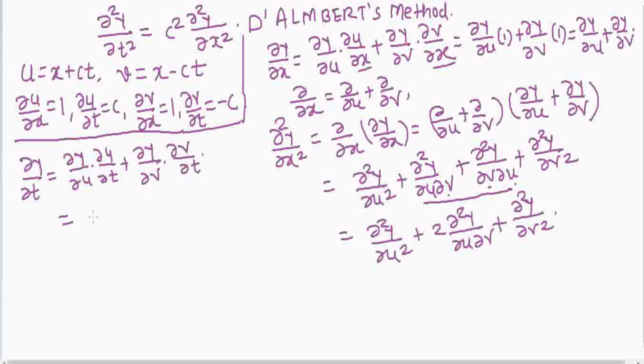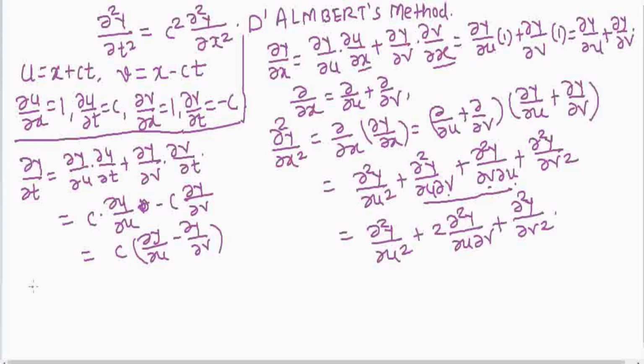Del u by del t is c, so this is c into del y by del u plus del v by del t is minus c into del y divided by del v, equal to c into del y divided by del u minus del y divided by del v. Okay, so del divided by del t, this is c into del divided by del u minus del divided by del v.